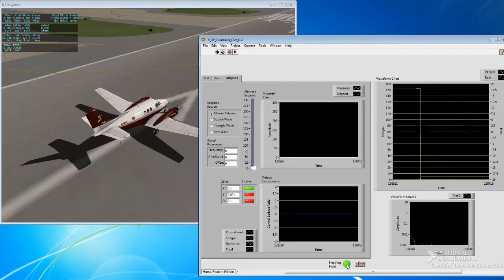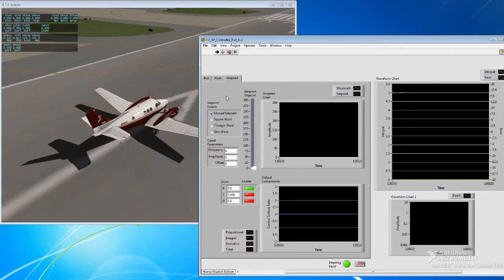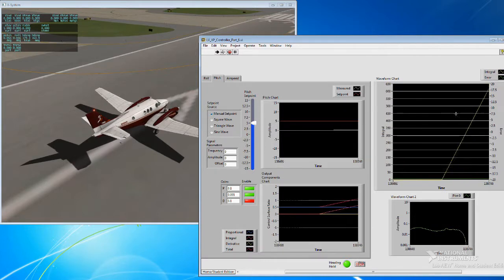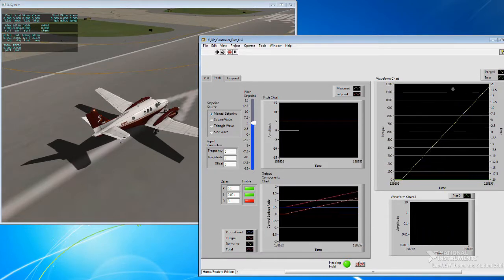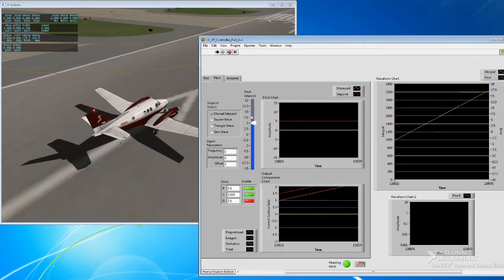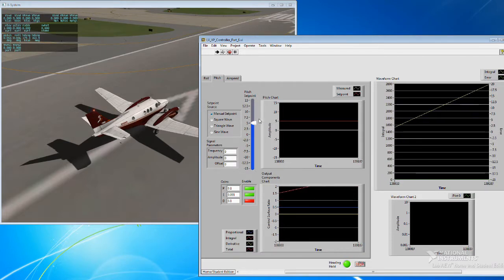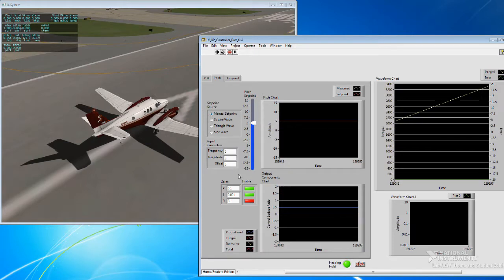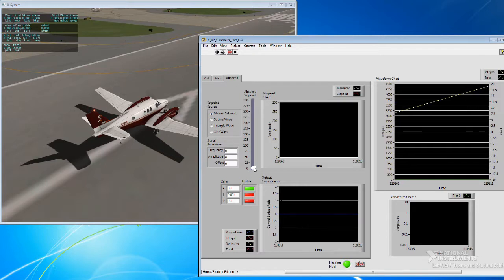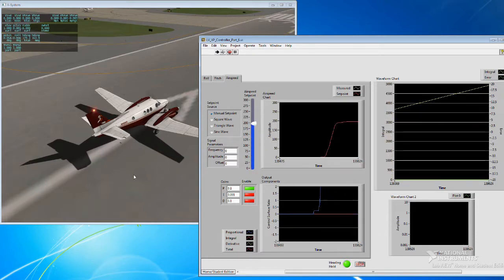Alright, so let's repeat that same test. Heading hold on, we turn on our integral and it climbs massively and continues to do so, even though our pitch set point is quite modest. And then we'll start our takeoff run and see what happens.